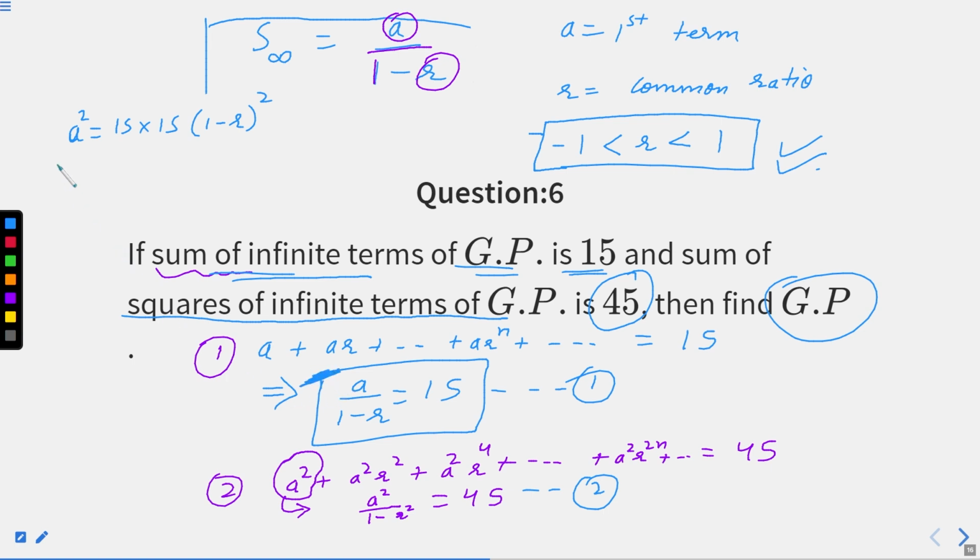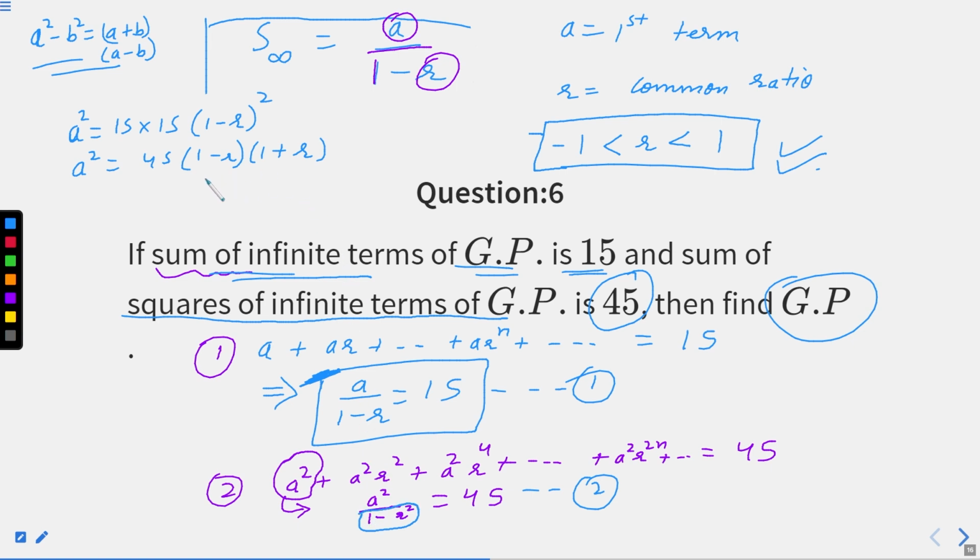And from the second, A square is equal to 45 times (1 minus R) times (1 plus R). Why? Because a square minus b square is equal to (a plus b) times (a minus b). So I have applied the same identity here.